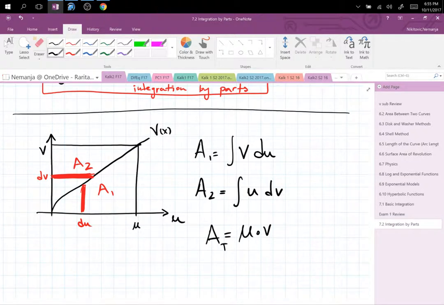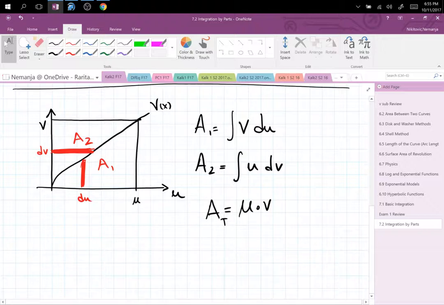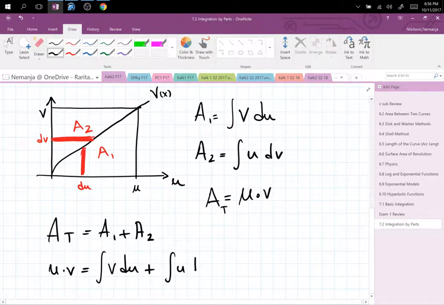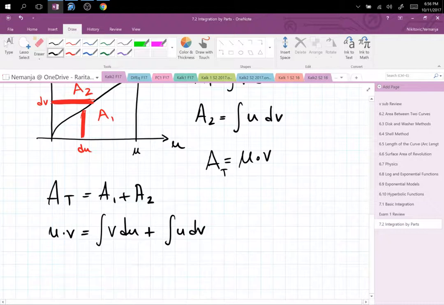So what do you have now? You have that the total area is the sum of the two smaller areas, which is u times v is equal to integral of v du plus integral of u dv. Solve for integral of u dv, and you get the same thing as before.